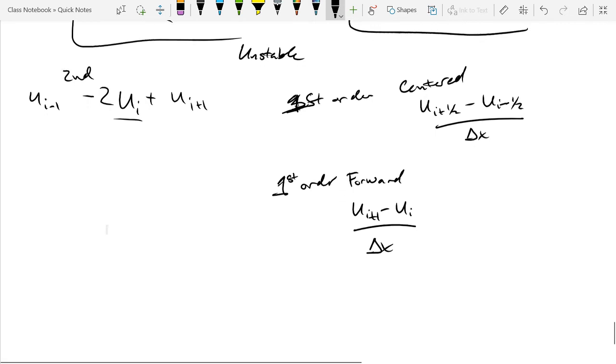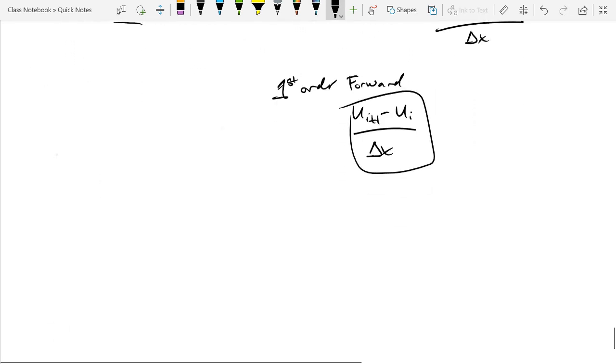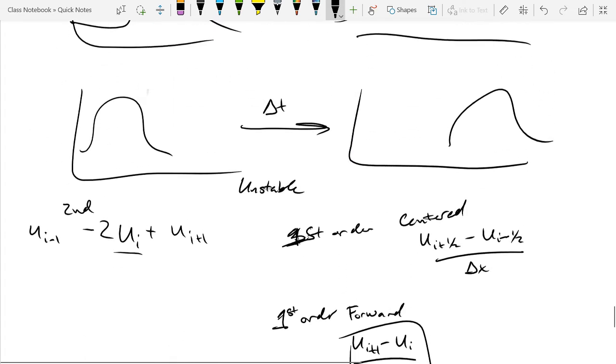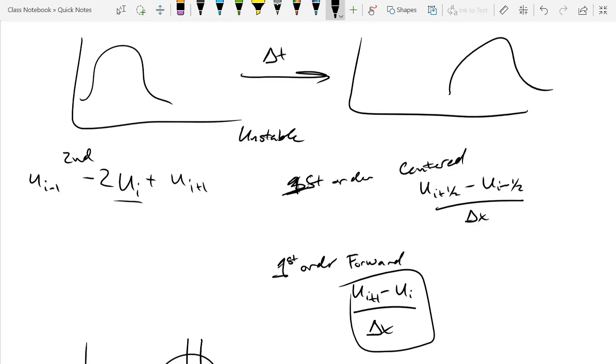And what's interesting about this is that it's just using the information in front of you. So if you're right here, you take the information in front of you and use that to compute the derivative. Now, that might make sense if what you're trying to do is move forward. It's basically saying that you want your information to be in front of you.